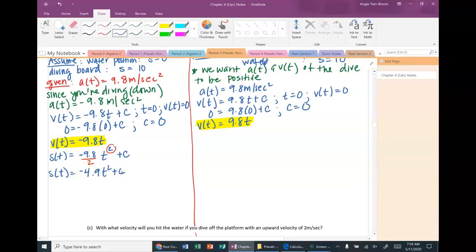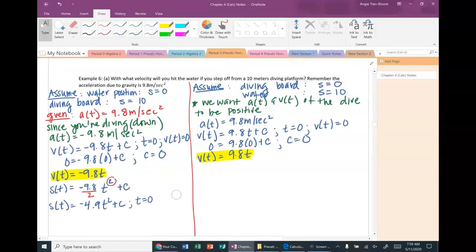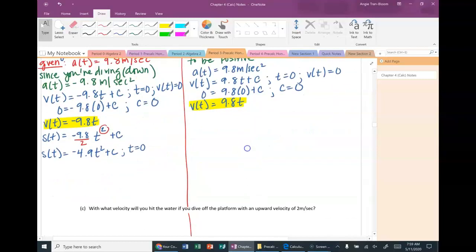Yes, we do have to solve for c still. And similarly, we're going to start at the beginning of time when t equals 0. When t equals 0, remember, we have made it so that your diving board is 10 meters above the water. So what that means is when t equals 0, your position is 10.